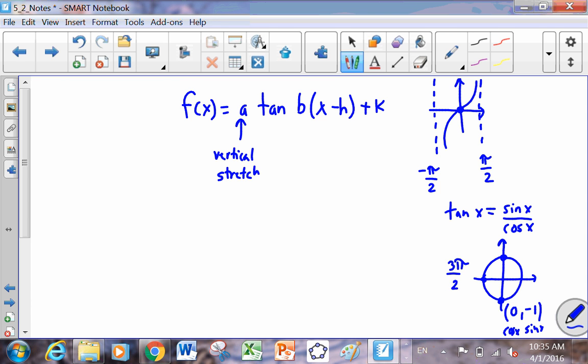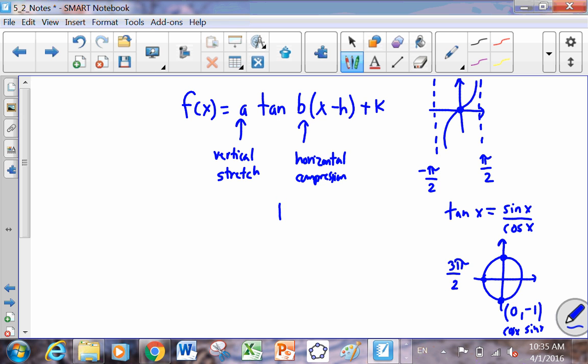Your B, if you remember, is horizontal compression. So again, it's going to squeeze like this. It's going to change just the general shape.